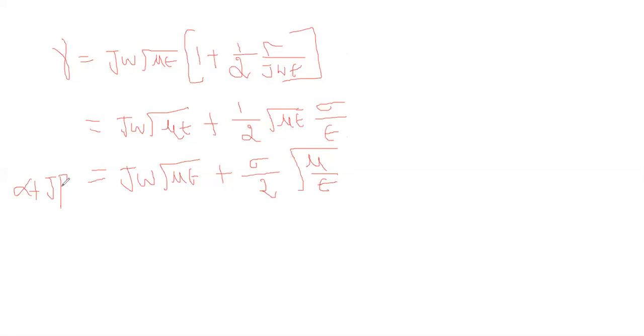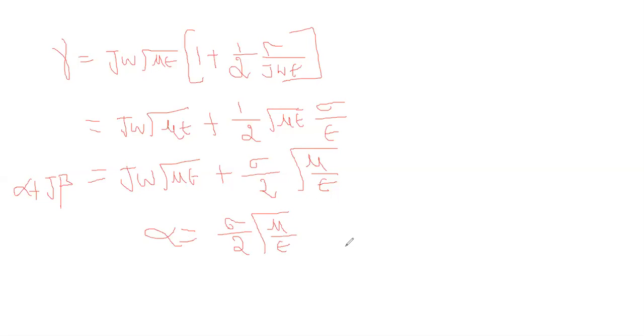The propagation constant is equal to alpha plus j beta. What is alpha now? Alpha is equal to the real term. The real term is sigma by 2 under root of mu by epsilon. See here, it is not equal to 0.